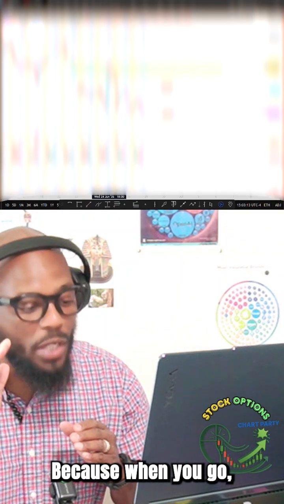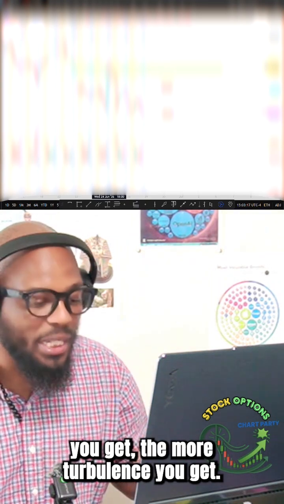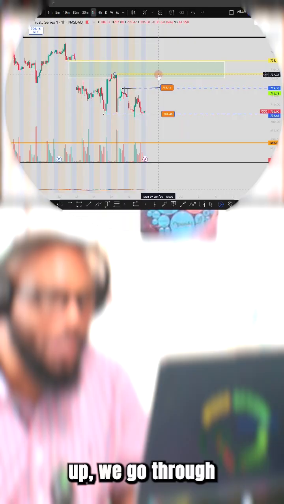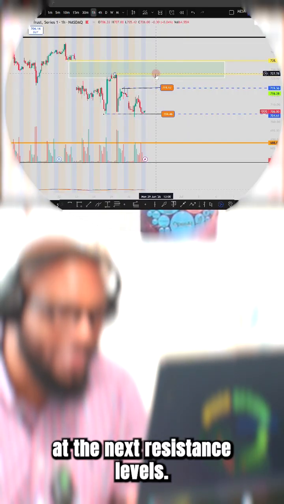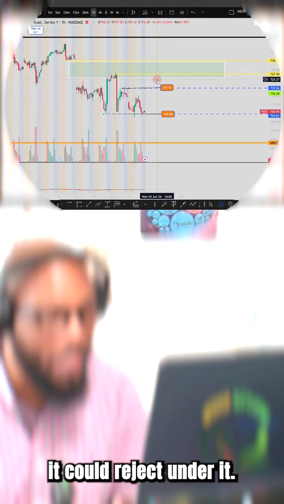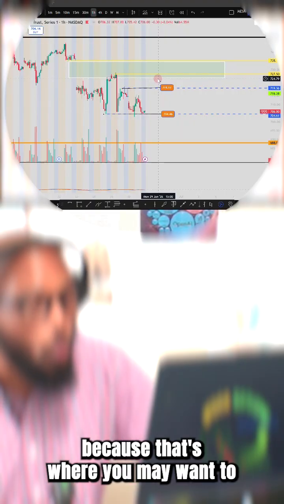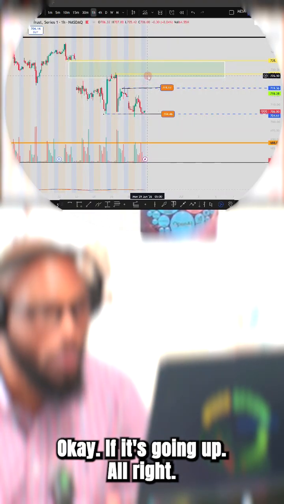Because the higher you go in that airplane, the more shaking you get, the more turbulence you get. Same here. As we go up, we go through turbulence, meaning it gets rocky at the next resistance levels. It could break above it. It could reject under it. But it's an important level to take into account because that's where you may want to take your profit, okay, if it's going up.